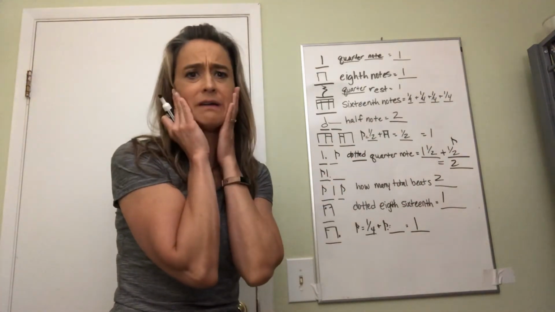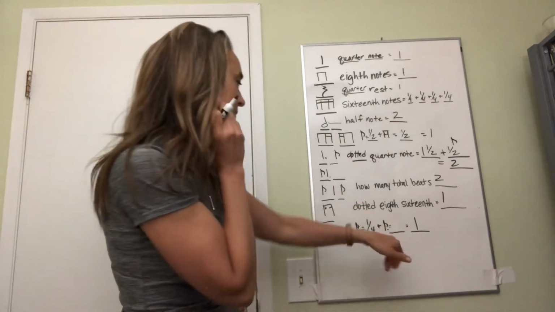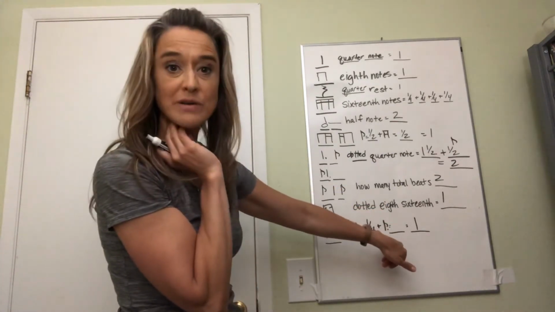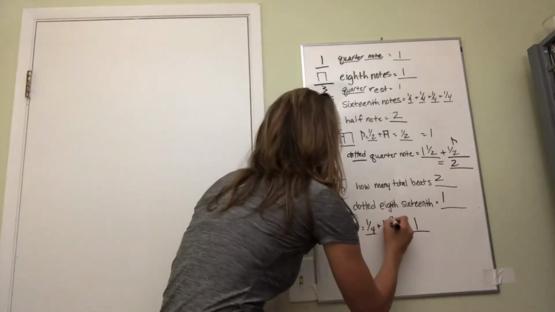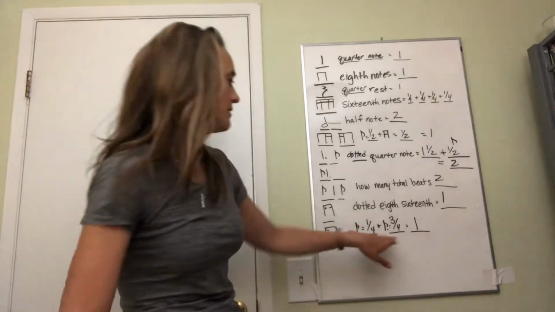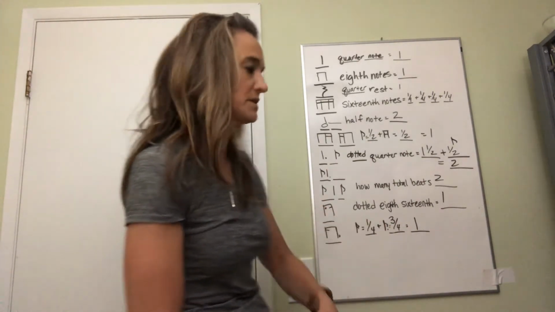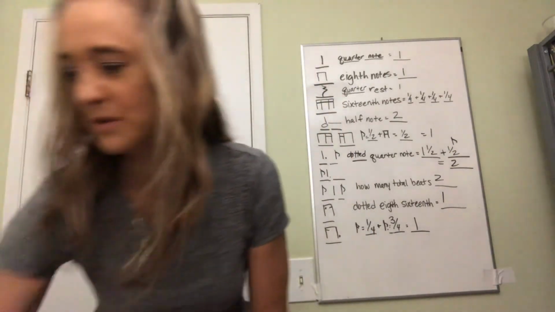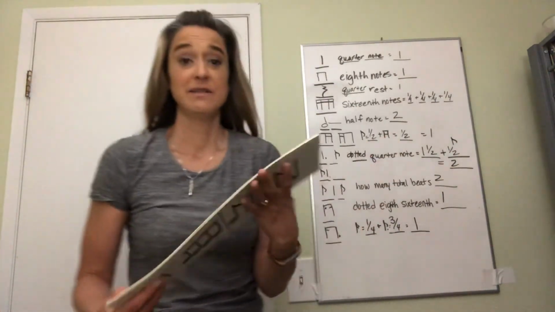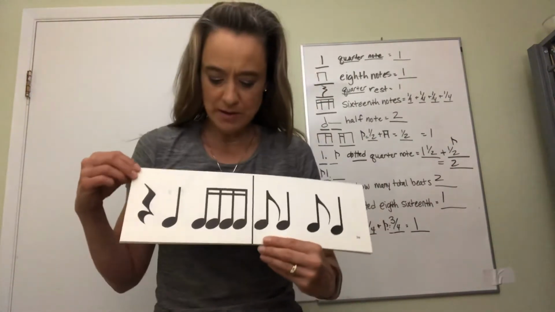What's half of a half? 1/4. So what is 1/2 plus 1/4? 3/4. And so we have 3/4 that finishes off our full beat. 1/4 plus 3/4. Good job. That's kind of hard. If you answered those correctly with not much problem, then you are on your way. Good job. All right, we're going to finish with some rhythms.